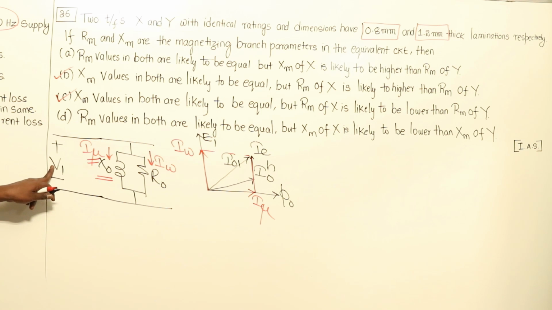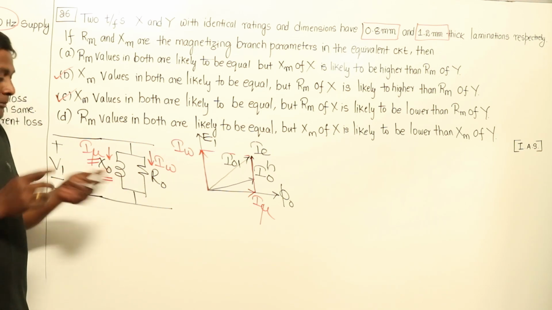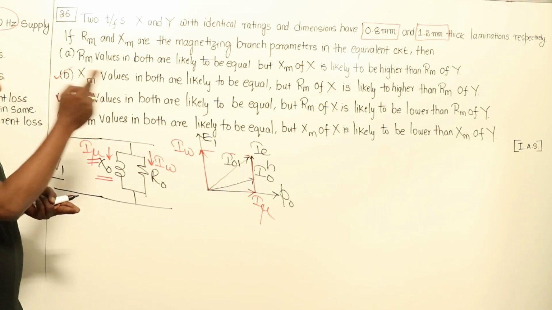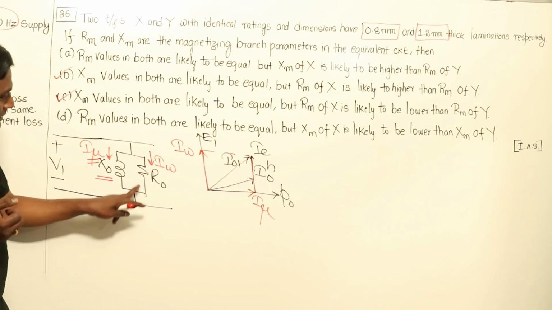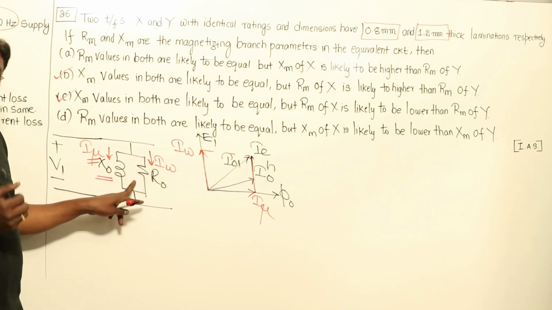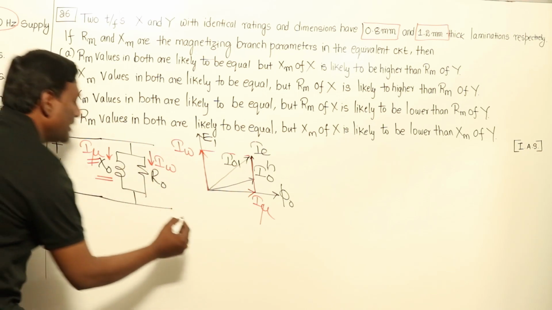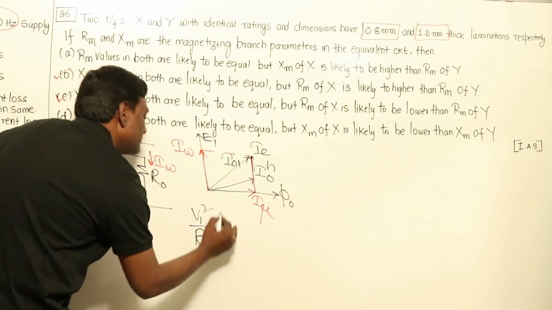So for a given voltage, power absorbed by R naught should increase. Why? Because hysteresis losses are going to be the same, eddy current losses are going to increase because of the increase in thickness of laminations, so total core loss has to increase. In the sense, power absorbed by R naught is nothing but the core loss representation, so V1 square by R naught should increase.